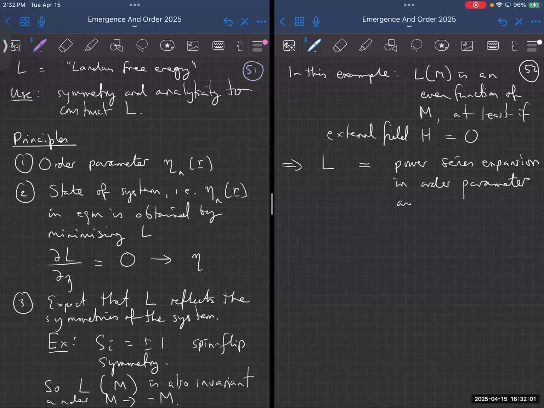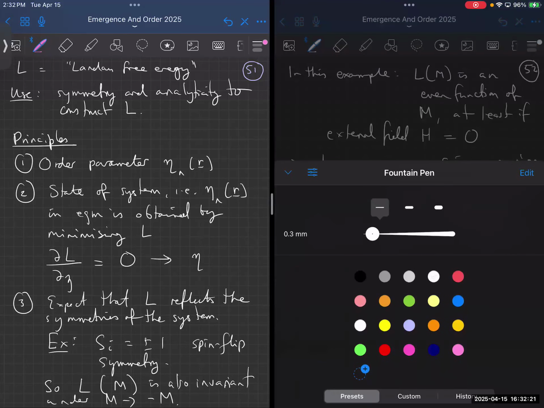In this case, L is going to be something like eta squared plus eta to the 4th plus eta to the 6th, and so on and so forth. So that's the first thing. Okay, so that's principle number 3. Principle number 4.